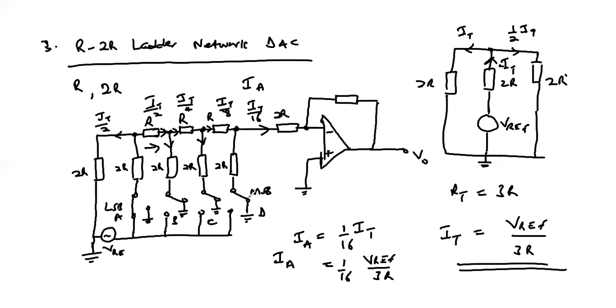If the opposite was to happen, such that the most significant bit is connected to 1 and all the other bits are grounded, you notice the current will be emerging from this point and subdivides to the left and to the right. It means it's the same total current, but it subdivides at this point half-half. That means the current due to the most significant bit will be a half of the total current.